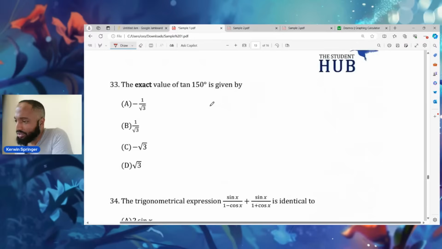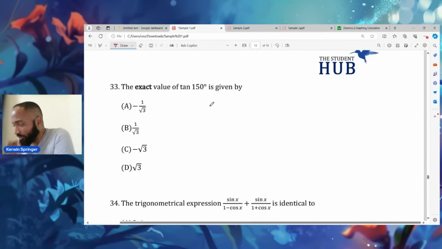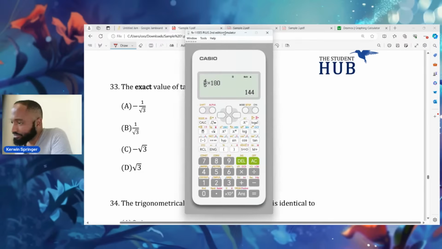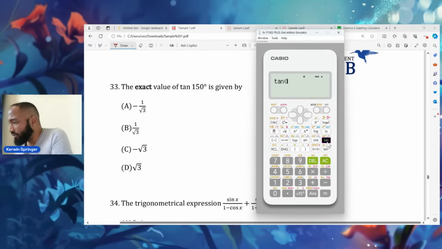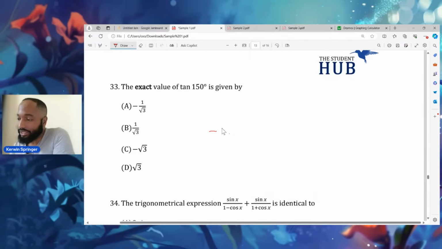Next, the exact value of tan 150. Once again, your calculator is just going to give you this. When these questions were made, people didn't know how to use their calculator. Now, courtesy of YouTube, this is negative root 3 over 3. Which one do you think it is?